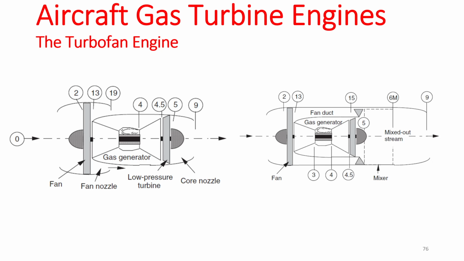The main difference here is that the fan exhaust is going to be mixed with whatever is coming out of the turbine. So if you have this type of engine, the mixing part, which is usually called station 6M, is going to happen before the afterburner, if you have any afterburner, right?